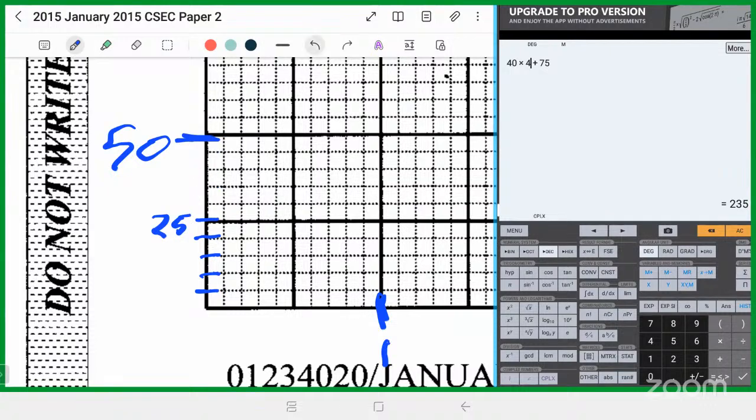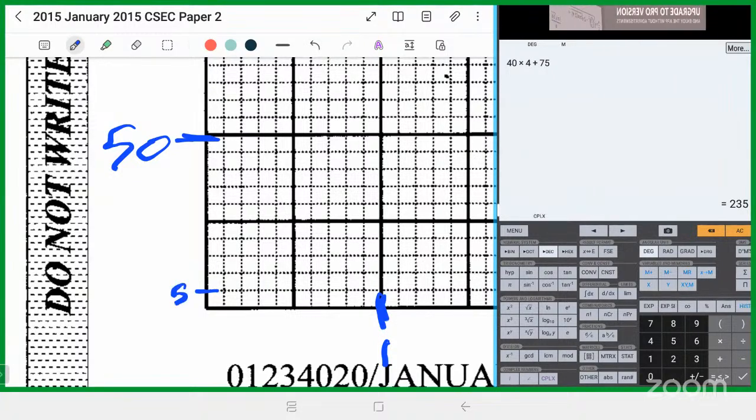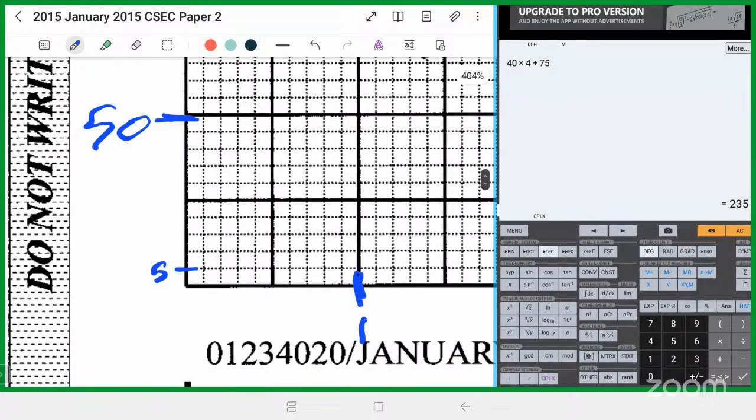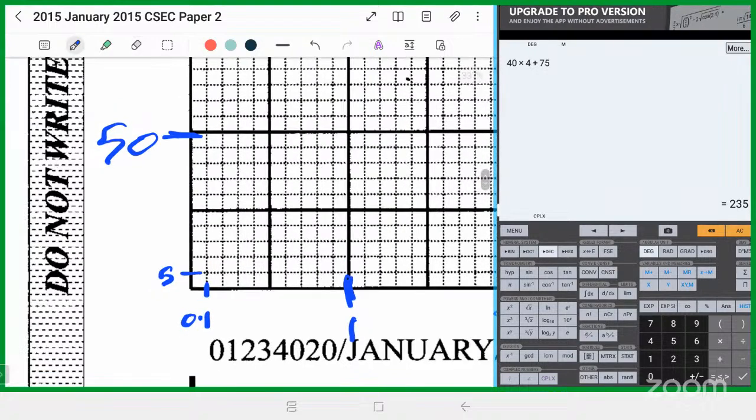Down here, it's 10 lines again for 1 hour, so 1 divided by 10. Each line is 0.1 hour: 0.1, 0.2, and so on. Each of these little lines is 0.1 hour. We might need those numbers.